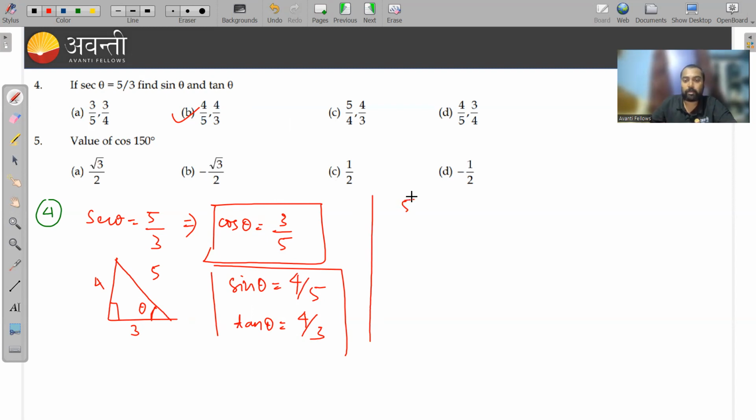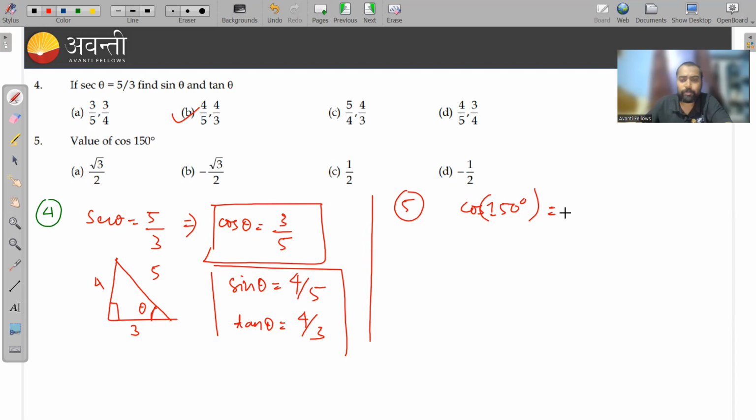Come to the fifth question. Here we need to find cos of 150. All of you know the complementary angles, that is 90 plus theta, 180 minus theta, 90 minus theta, all these things.